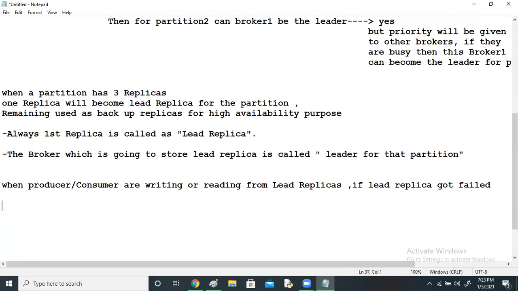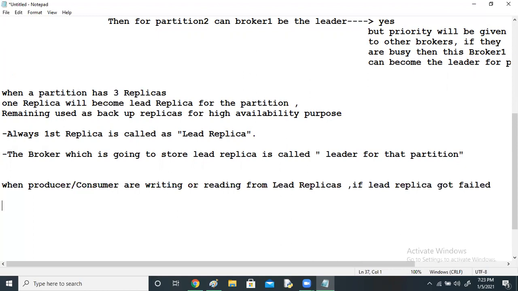It will promote another replica as the lead replica, and then it will recreate the third replica on the spare available broker.